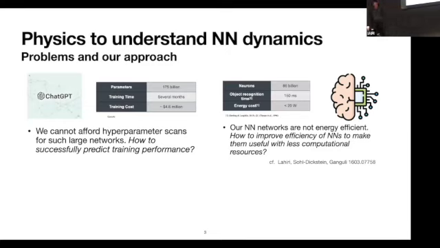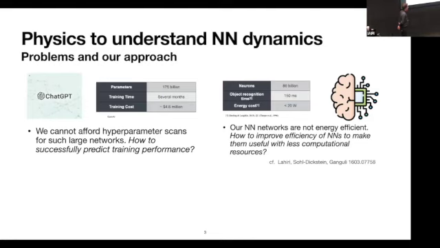On the other side, we should also always be reminded that what we're actually doing on the left-hand side is rather inefficient and is probably not the best thing that is out there if we compare it with biological systems.